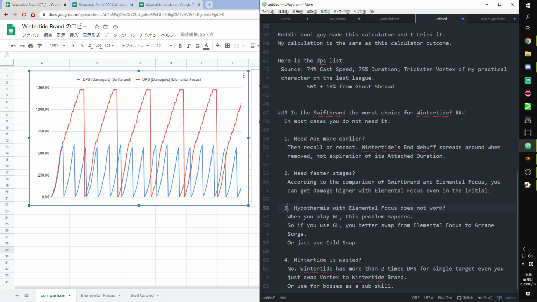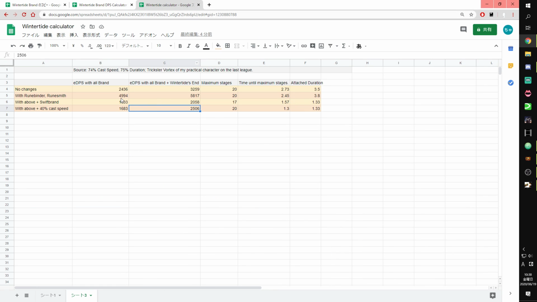The fourth is Wintertide is wasted. No, Wintertide is useful when you play on bosses. Wintertide DPS is like this. Even just swapping from Vortex to Wintertide, the DPS with all brand plus Wintertide's end DPS is 3.2k, and Vortex is around 1.4.